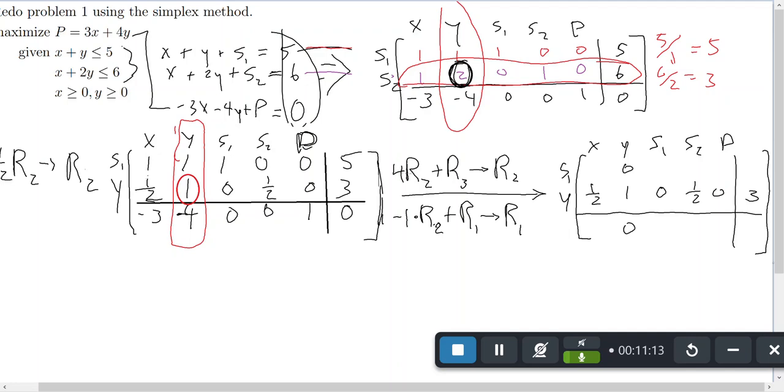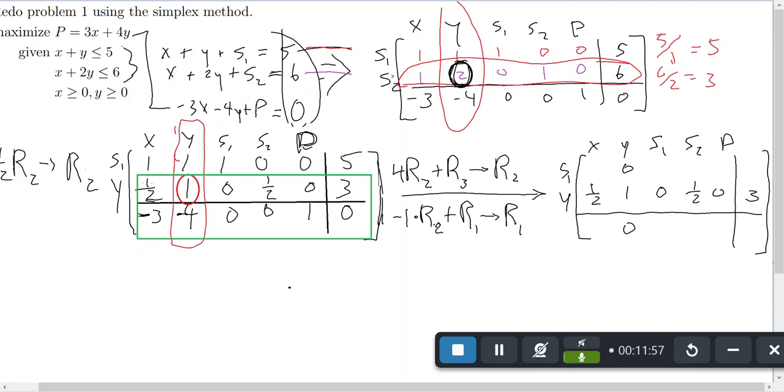All right. So let's look at this operation up top, the 4 times row 2 plus row 3. Looking at row 2 and row 3 over here, let's draw a rectangle and focus on them. We're going to do 4 times row 2 and add to row 3 and see what we get. So 4 times 1/2 is 2, and then that's a -3 there.